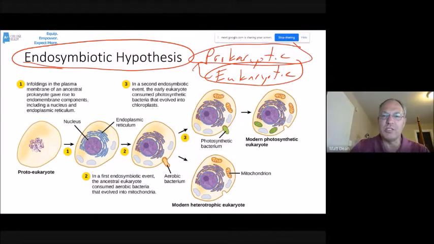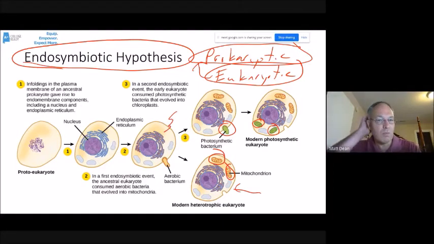Maybe some of the first ones taken in were small aerobic bacteria that could do aerobic cell respiration. So they provided the bigger cell that they were living in ATP. Maybe some of them were photosynthetic bacteria that could do photosynthesis and provide sugar, another energy source. Maybe some were little bacteria with an ability to move, and they almost became like a flagella or a cilia for the cell and helped it to move.